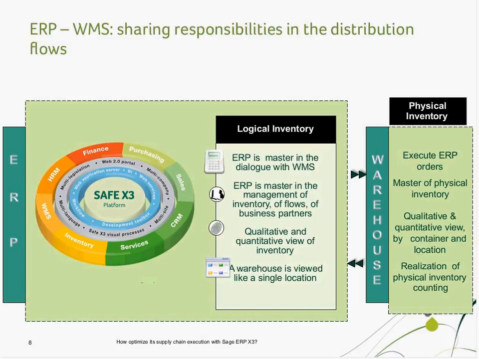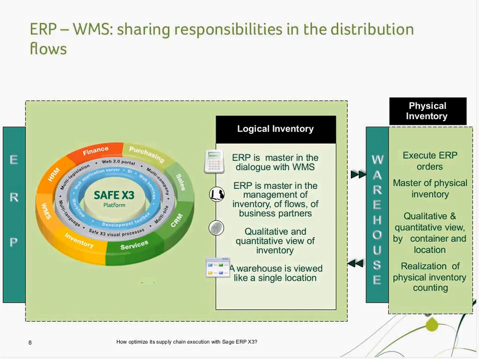The logical inventory is grouped by different types of qualitative characteristics, also by quantity. So, for example, if you manage blocking codes, you have a view of inventory grouped by blocking codes. The orders to execute are transmitted by the ERP to the WMS and then updated in the ERP regarding what finally the WMS did or did not do.